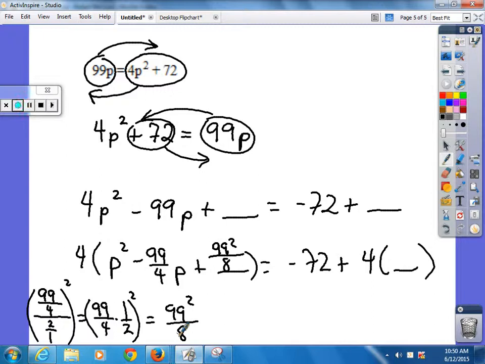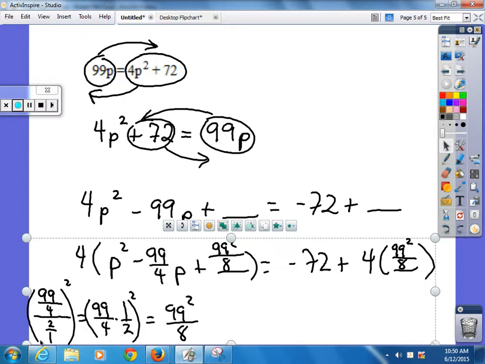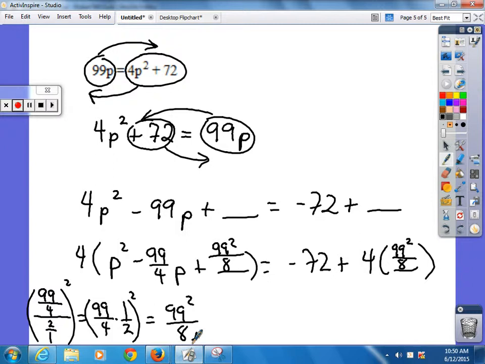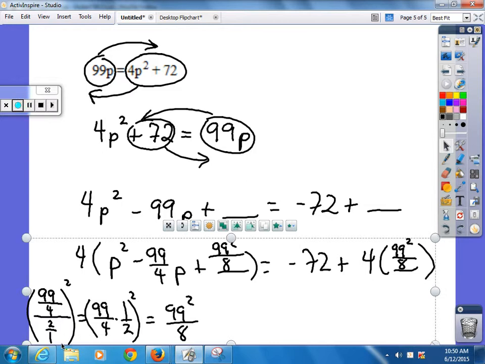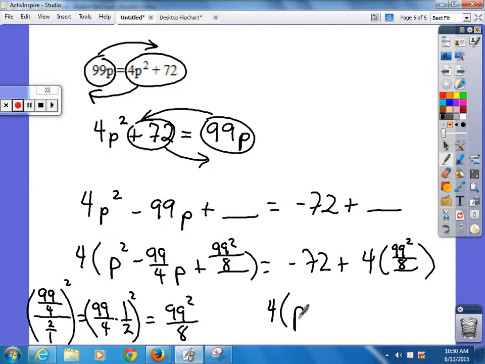So 99 squared over 8. Four times p minus, you take the square root of 99 squared, you get 99.